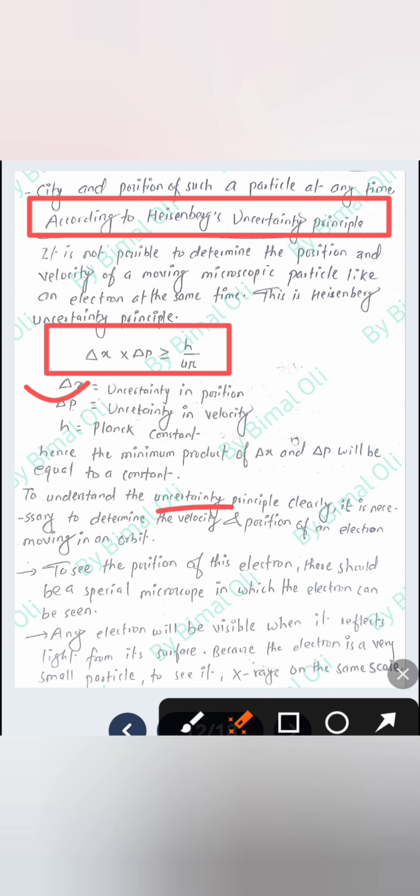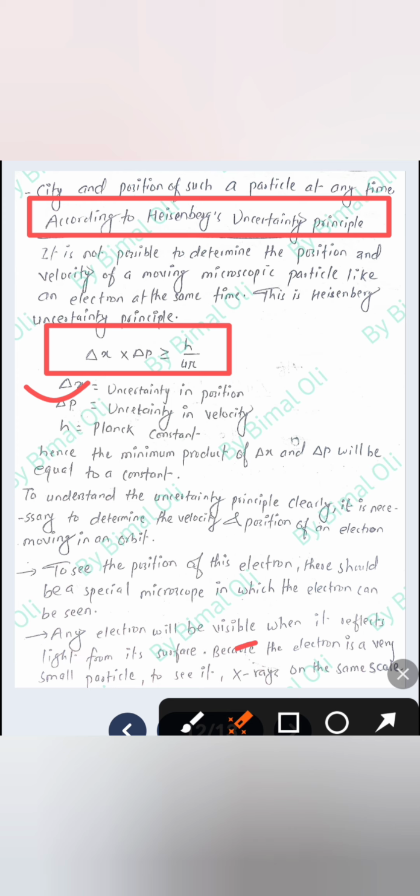To understand the uncertainty principle clearly, suppose we want to determine the velocity and position of a moving electron in an orbit. Point number one: to see the position of this electron, there should be a special microscope in which the electron can be seen.